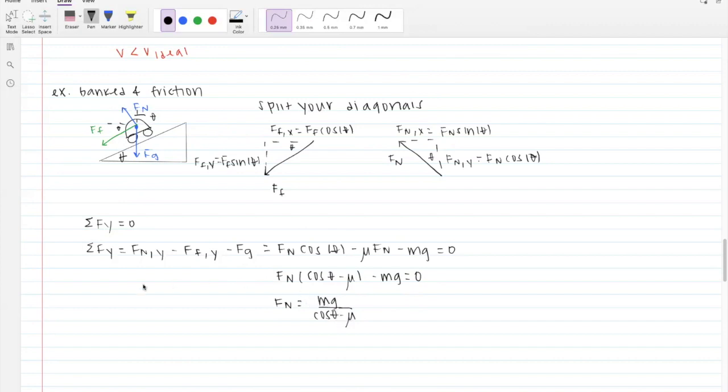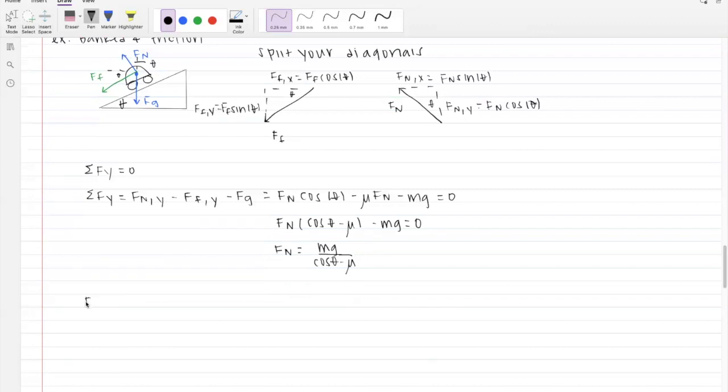And if you want to solve for centripetal acceleration, that's going to be the sum of all your unbalanced forces. So as you can see, that's not going to be in the y direction. That's only going to be purely in the x. So that's going to be equal to your force of friction in the x direction plus your normal force in the x direction.